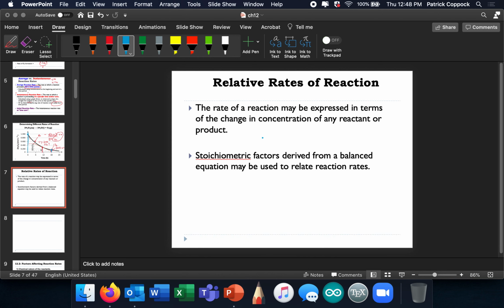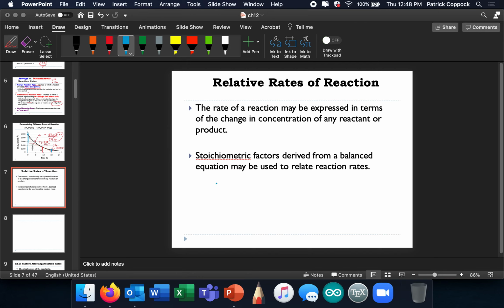So the rate of a reaction may be expressed in terms of a change in concentration over time. Stoichiometric factors derived from a balanced equation may be used to relate reaction rates.